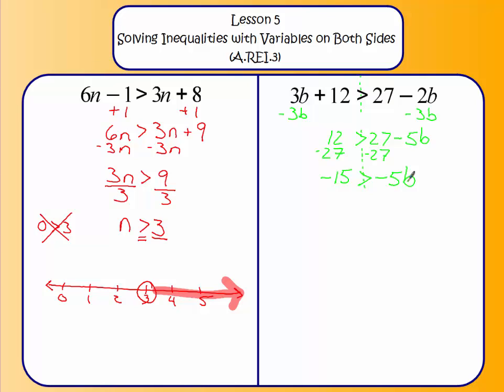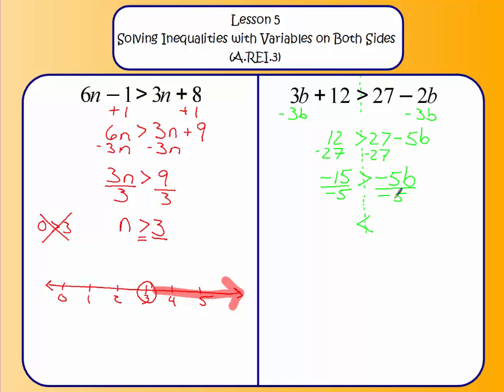Alright, so now I need to divide. I'm going to divide both sides by negative 5. And this is where I need to be asking myself, when I'm dividing, did I divide by a negative number? The answer is yes. So I'm going to need to change the direction of my inequality.